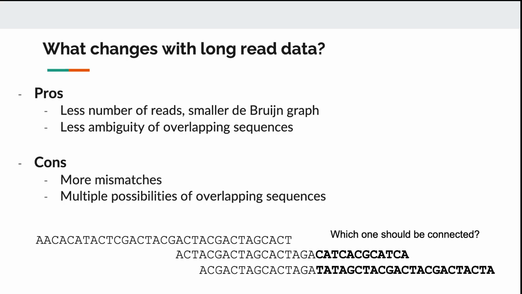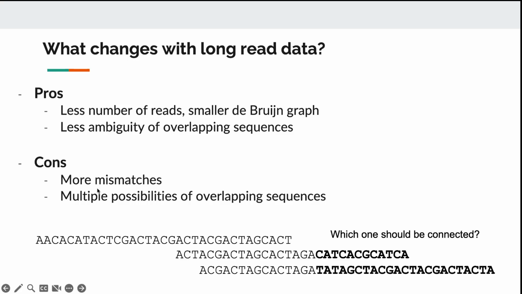And because long reads are long, when they overlap, they're going to overlap not by something like 10 nucleotides, but by hundreds or thousands of nucleotides. So we are more confident that they are connected to each other, more than with short reads. But there is some difficulty, because long read data are not as accurate. So the overlapping sequence might not be perfectly matched.